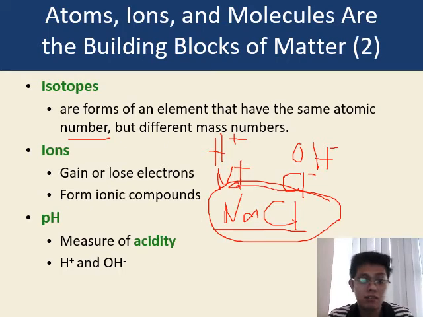These ionic compounds, we can also measure whether it's acid, base, or neutral. And we all know that the neutral number for pH is 7. Below 7 is acid, and above 7 is base. So that's what you mean by pH.